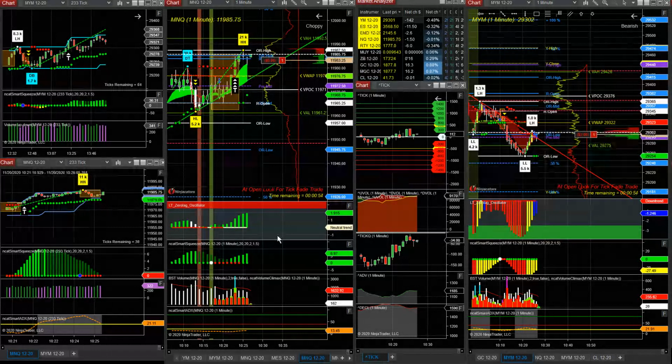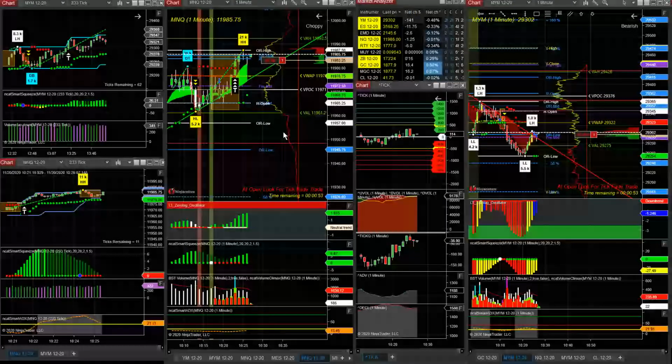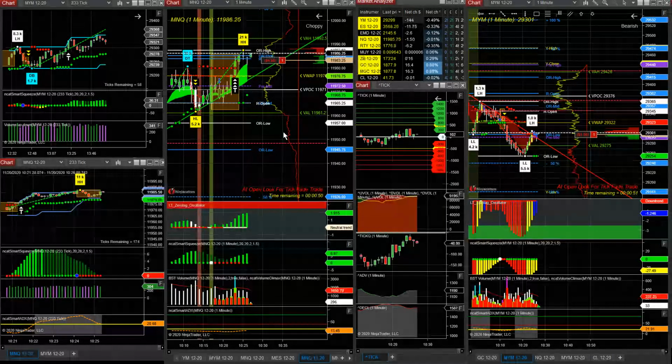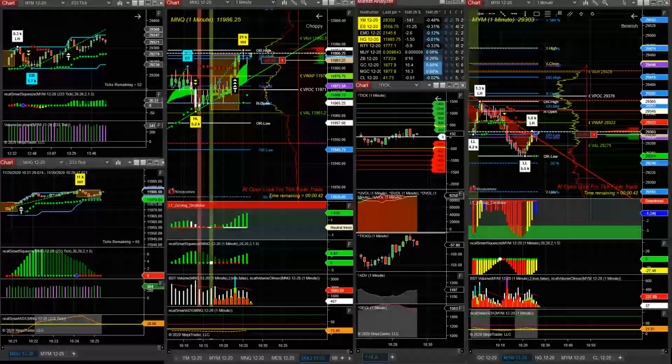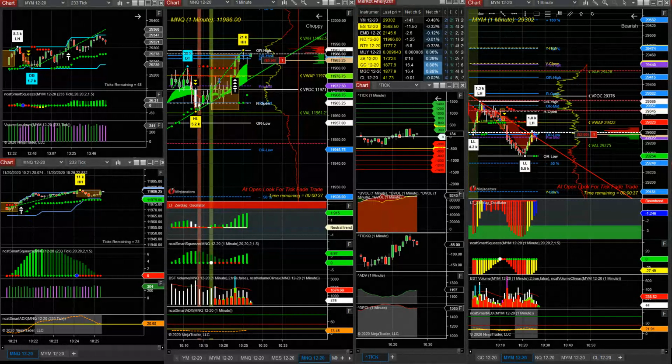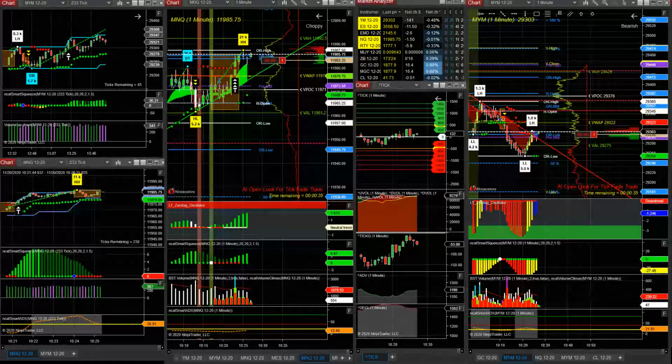See NQ going up. The dot painted up. $10.26.